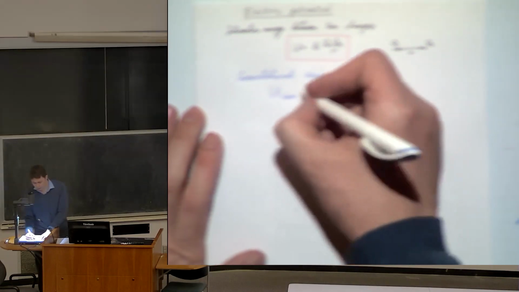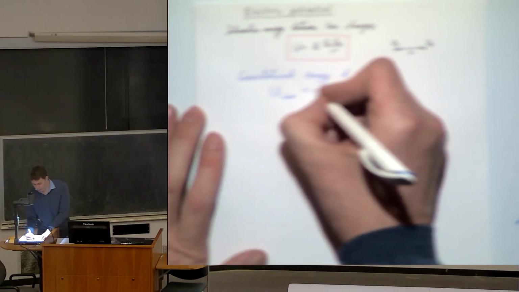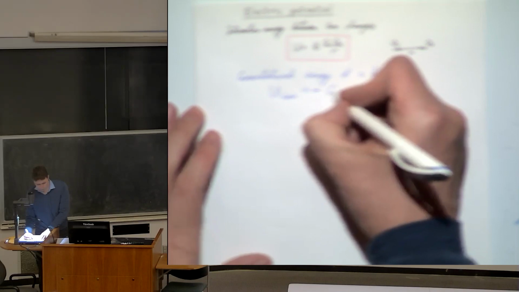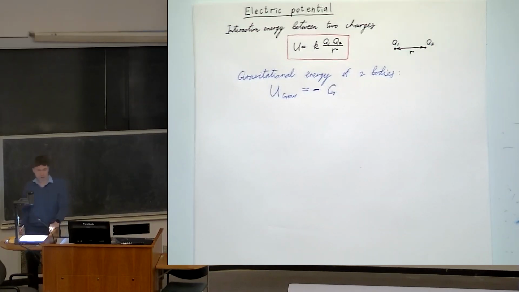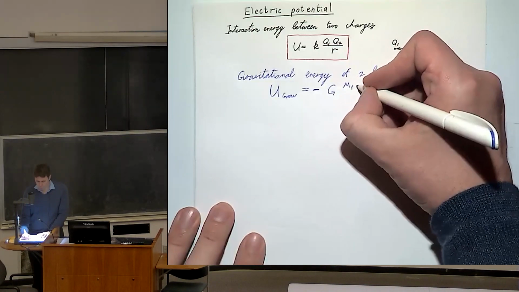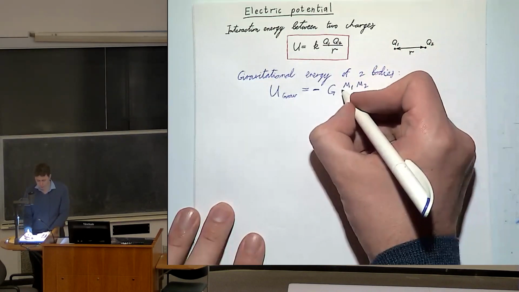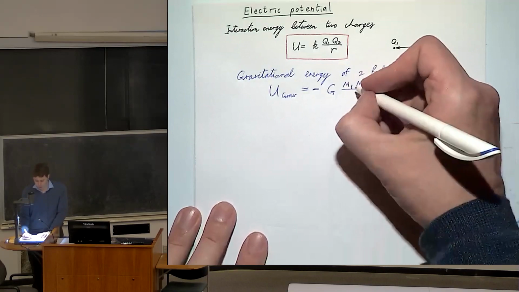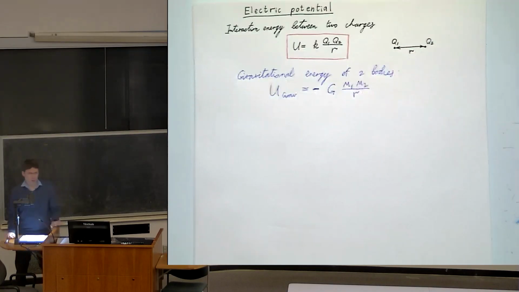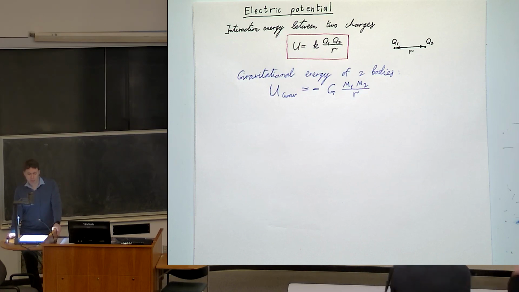Call it U grav, equal to minus G, which is called the gravitational constant, times the masses M1 and M2 of the two gravitating bodies, divided by r, the distance between them. It's quite similar, except charges get replaced by masses, and there's a different constant.